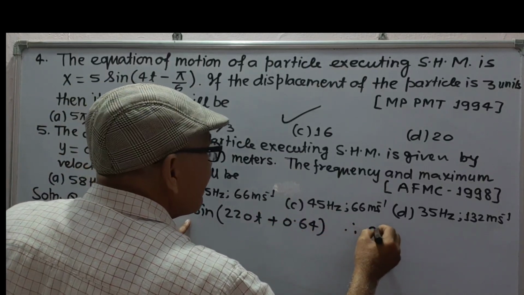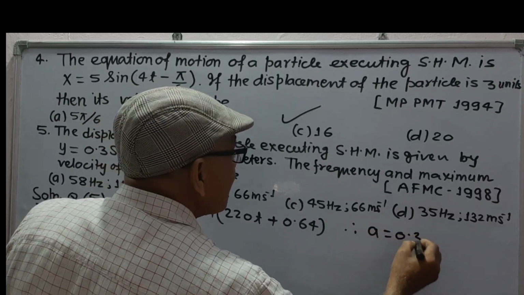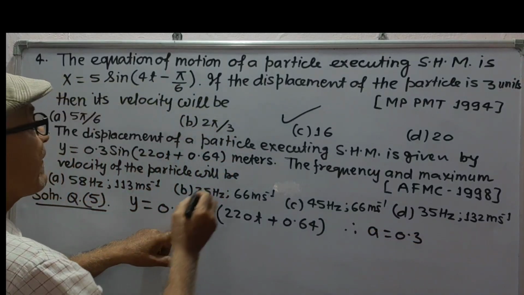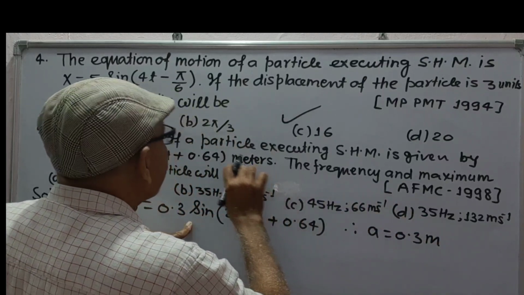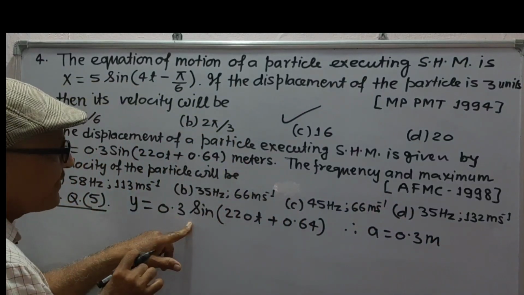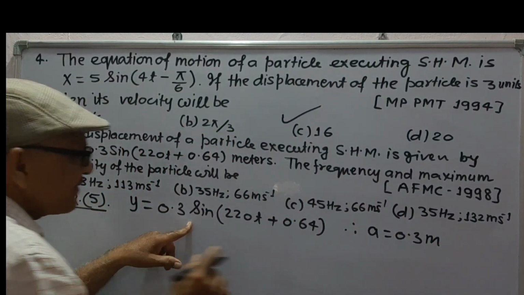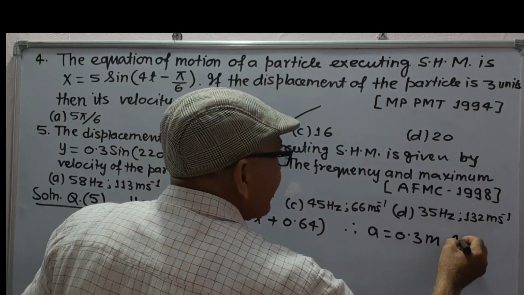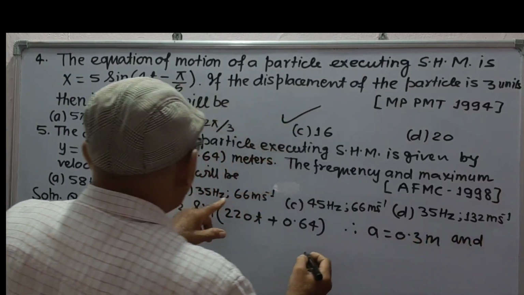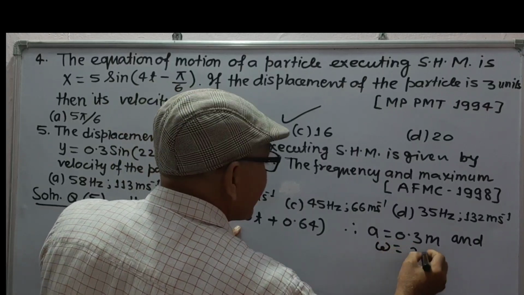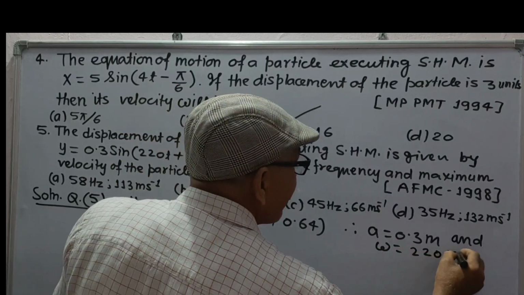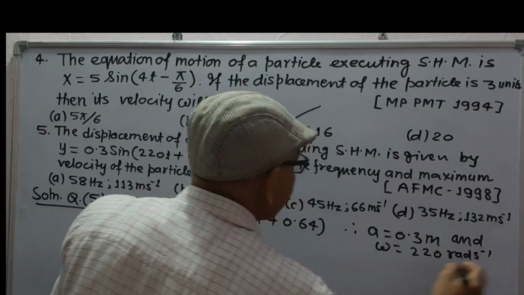Therefore, A will be equal to 0.3 meters because y is given in meters, and omega is 220 radian per second.